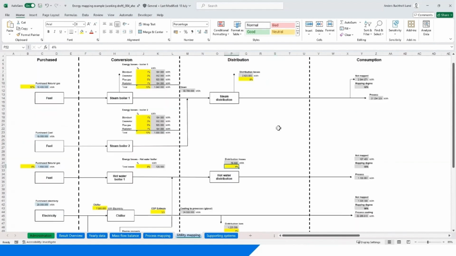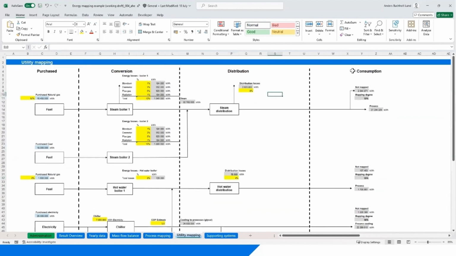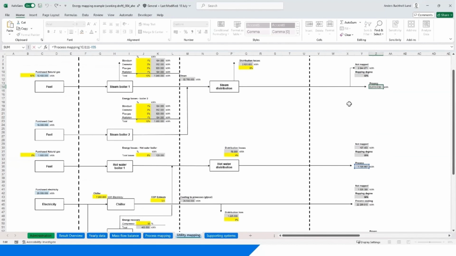That could also include the distribution losses throughout the process. And then at the end, we have the consumption, which is the heat available for the processes. And that then adds up the different energy available for the process.